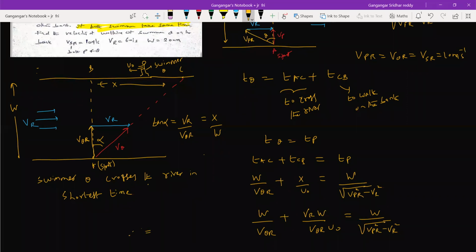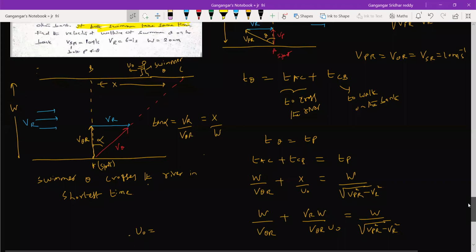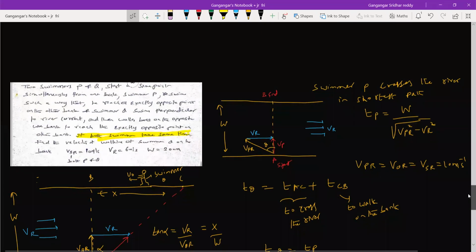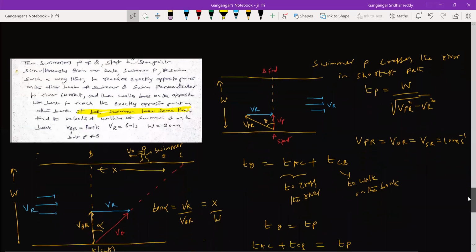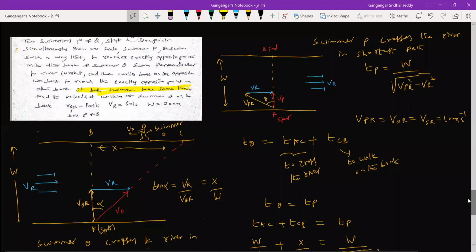Anybody have the value of U naught? Sir, we'll get W by VQR as 20 seconds now, sir. But TP is 15 seconds. No, what will that be? Just substitute here. I don't know what calculations you did. One scroll up, sir. The TP is not 15, sir. Sir, 12. Look at the data, all. VPR, VQR is equal to 10 meter per second.